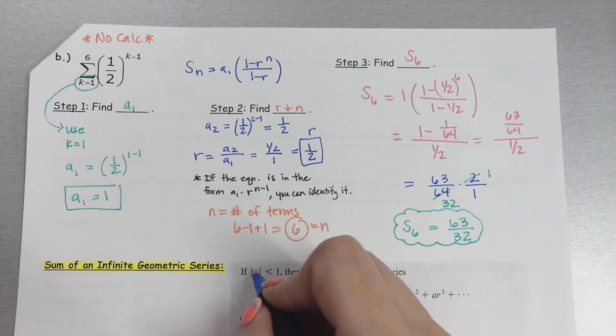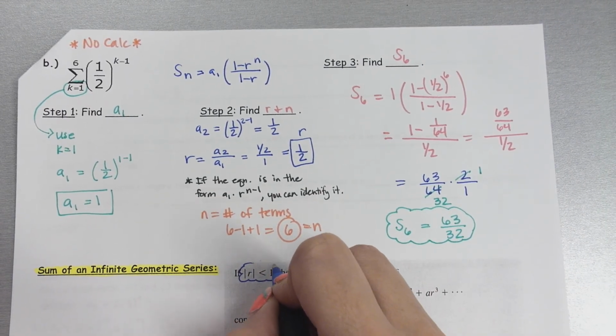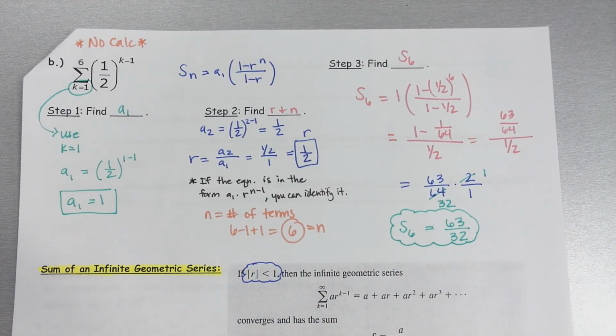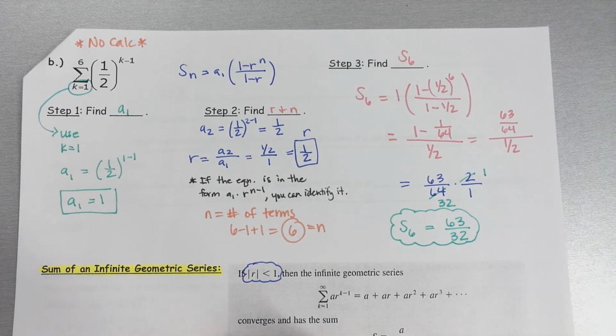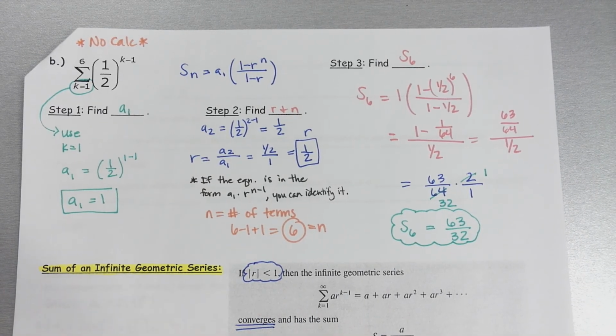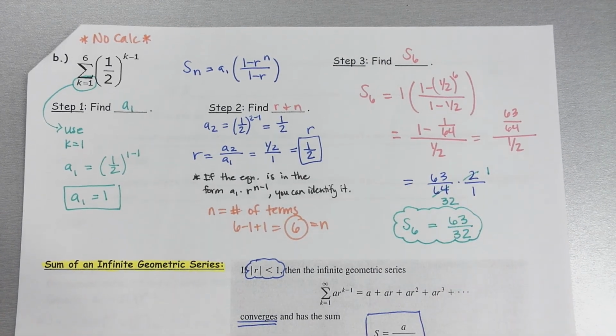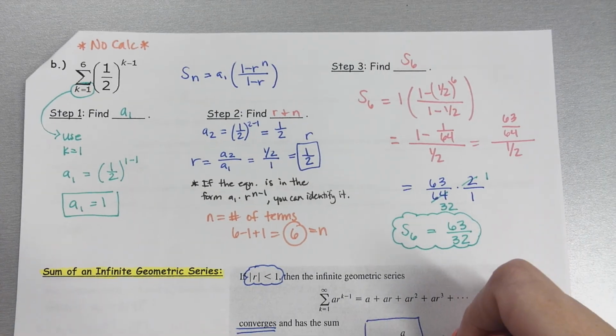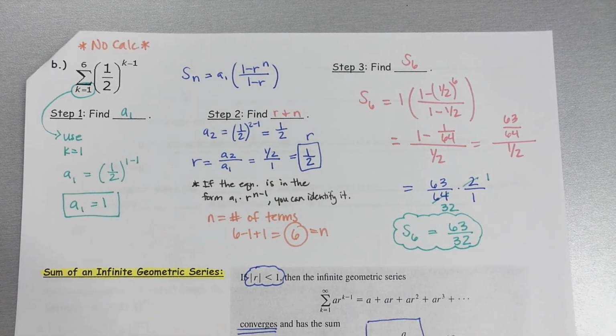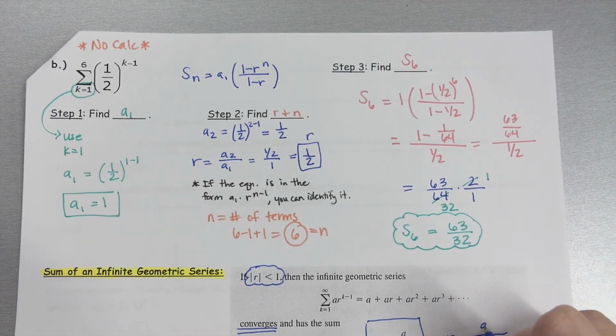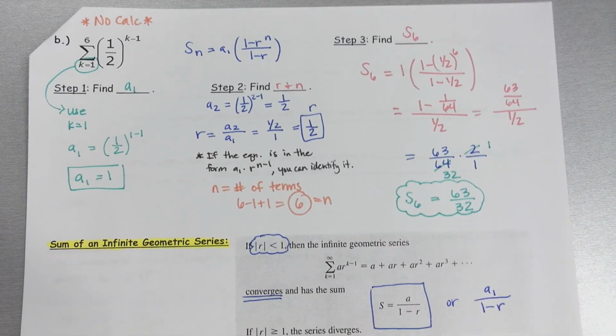So if the absolute value of r is less than 1, then this series converges and it does have a sum, and this is the equation: S equals A over 1 minus R. Or remember yesterday I said A is equivalent to A sub 1. That's what we're going to use.